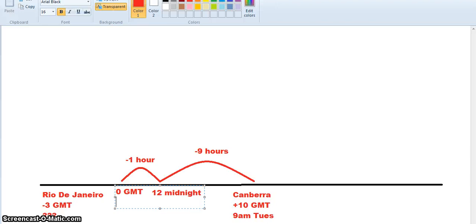Okay, and we were at midnight here, and then we went back an hour further. So that takes us back to 11 p.m. on the night before. So it's now Monday. We can say that's London.